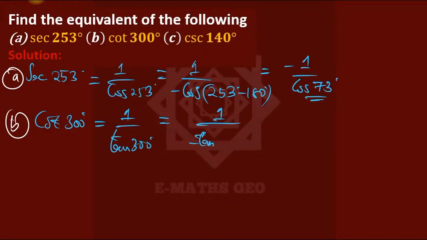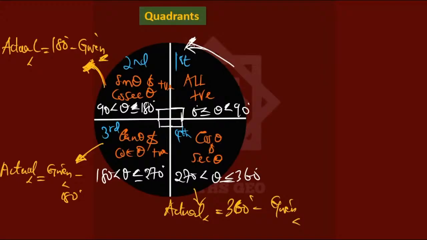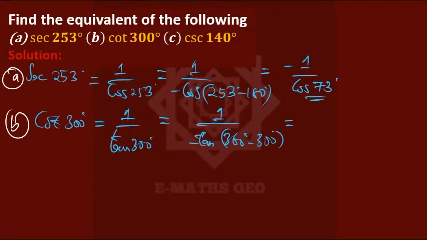So we now have 360 minus the given angle, which is 300. Actual angle is 60. So the answer is minus 1 over tan 60. For now, we don't know the value of tan 60. We'll do it later.